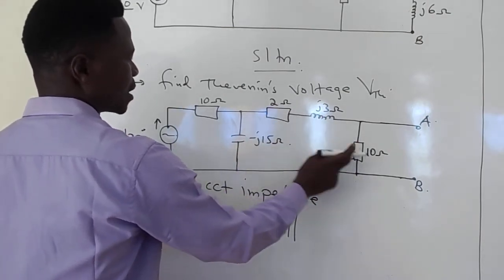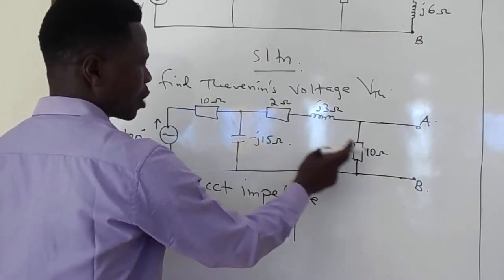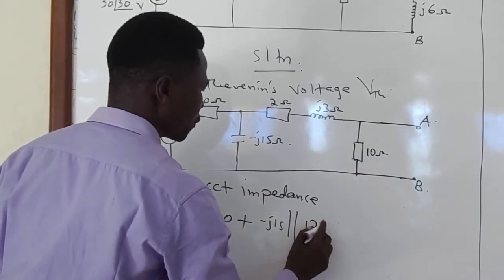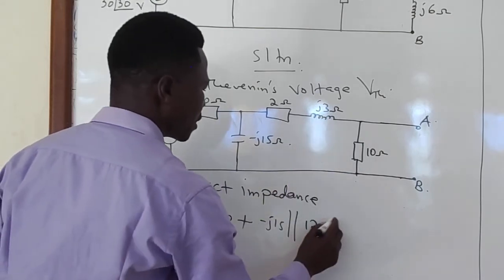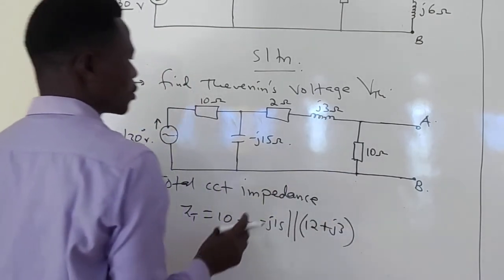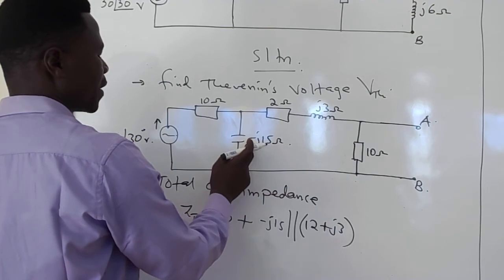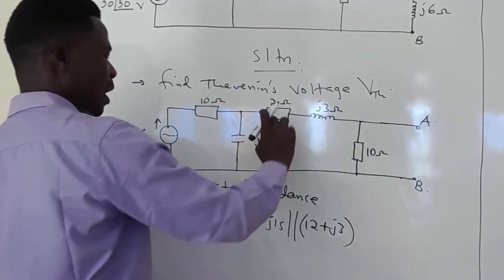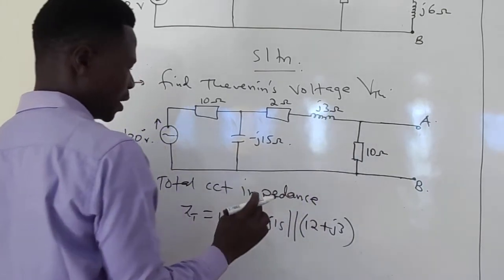That is 2 plus 10 because of the real parts. 2 plus 10 will give me 12 ohms. That is now 12 plus J3. So the negative J15 ohms is in parallel with the 12 plus J3 ohms.